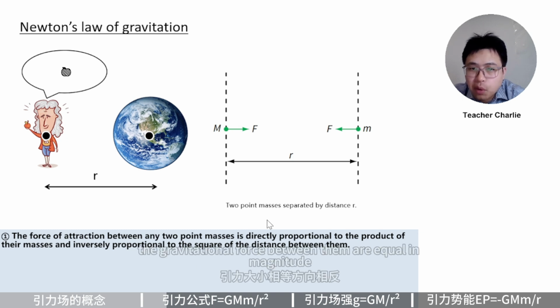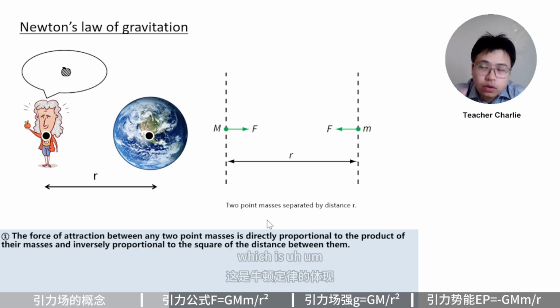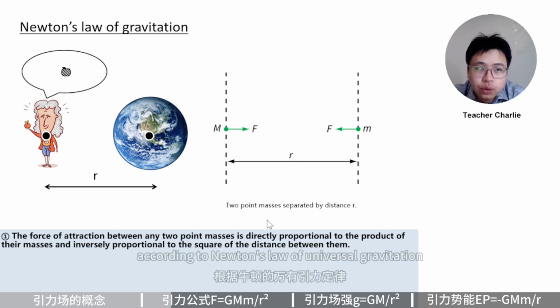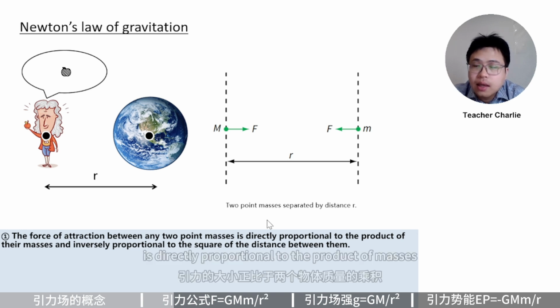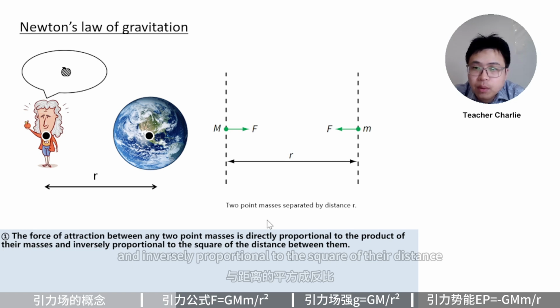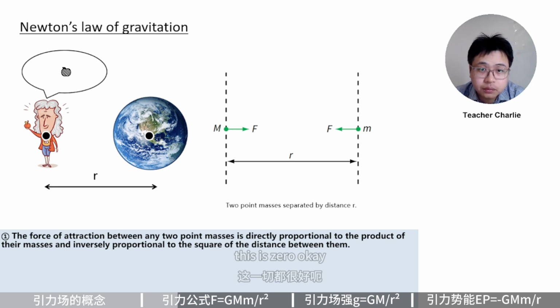The gravitational forces between them are equal in magnitude but opposite in direction, which is a manifestation of Newton's third law. According to Newton's law of universal gravitation, the magnitude of gravity is directly proportional to the product of the masses of two objects and inversely proportional to the square of their distance. This is the law. Okay.